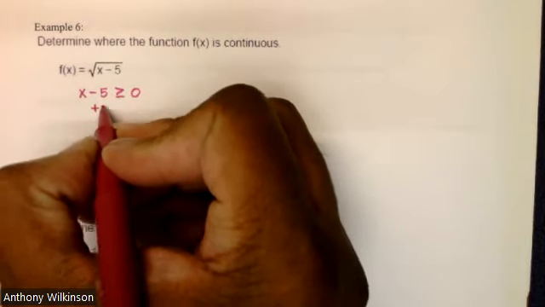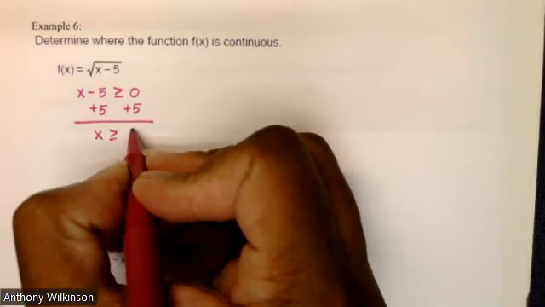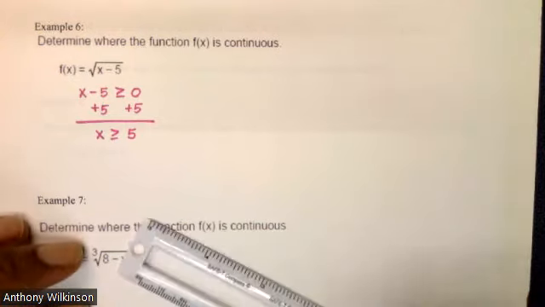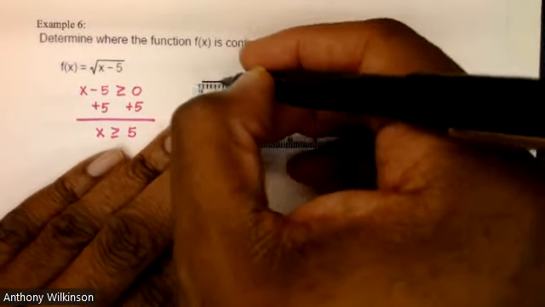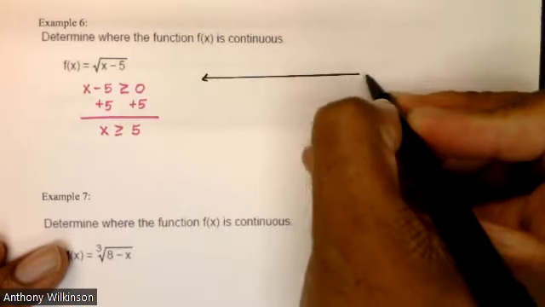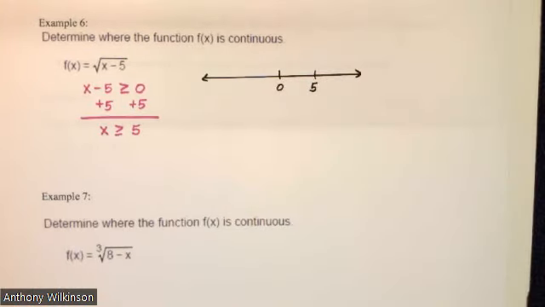Then to get x by itself, we'll add 5 to both sides. So x is greater than or equal to 5. Any x value greater than or equal to 5 will satisfy that square root function. So in this case, if I draw a number line like this, 0 is here, 5 is here. 5 is going to be included, so we're going to use a bracket at 5.